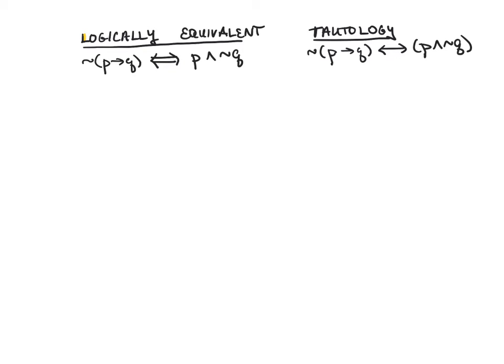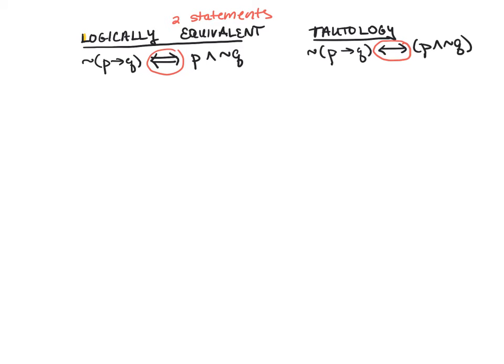Now, there's a very, very big difference between logically equivalent and tautology. Notice the symbols almost look alike, and this is deliberate. But the logically equivalent symbol looks like an equal sign. So when we say 2 statements are logically equivalent, we're talking about 2 statements.